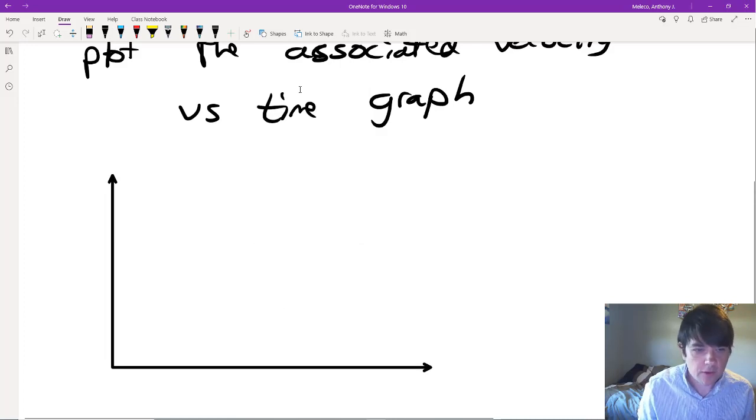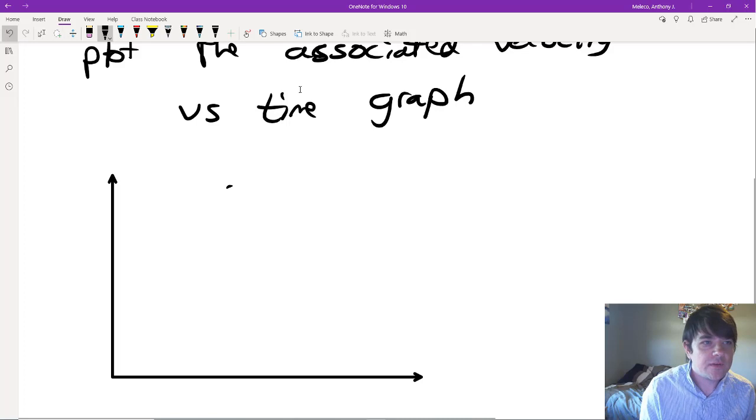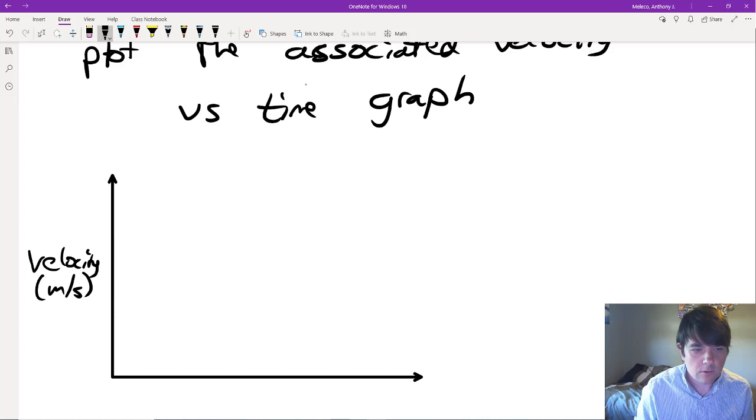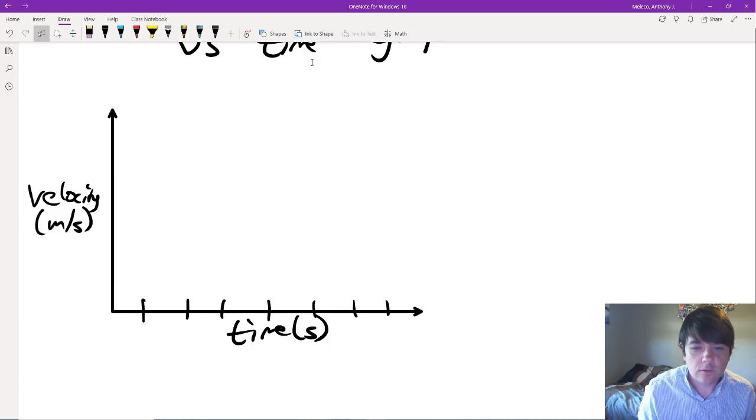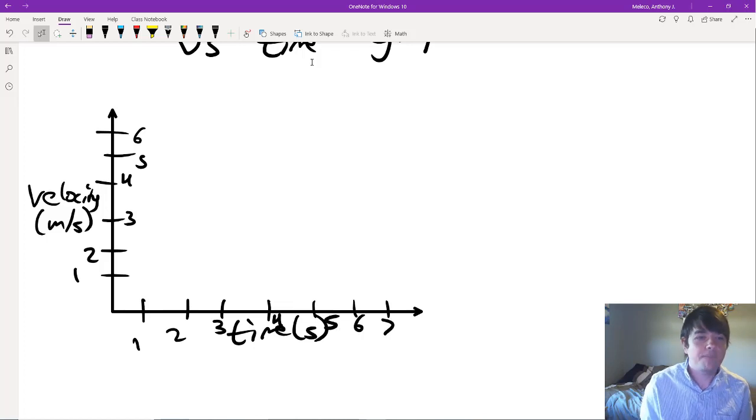So let's get this out, and we want to plot velocity versus time, based on that object not moving. 1, 2, 3, 4, 5, 6, 7.